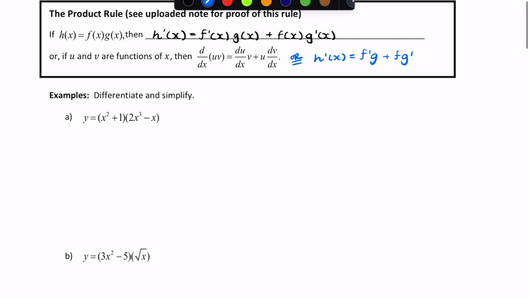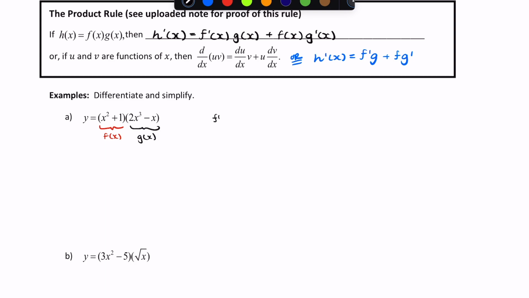Okay, so let's take a look at a couple of these examples here. So here it says to differentiate and simplify. So the first thing you want to do is make one of these f of x and make the other one g of x. So we have f of x and g of x. And so we can derive that first on the side.